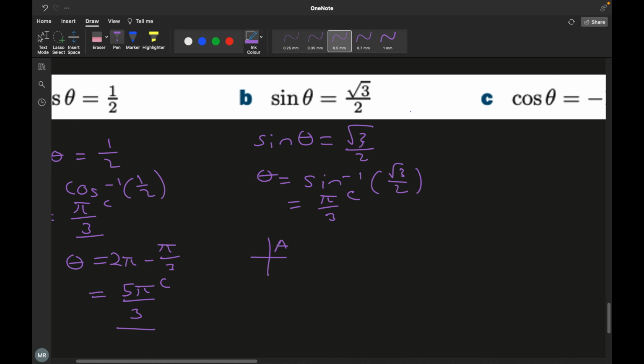So this is the reason all students trust Cambridge. And sine is positive in the second quadrant. Therefore, the next value of theta would be pi minus pi by 3, which is 2 pi by 3.